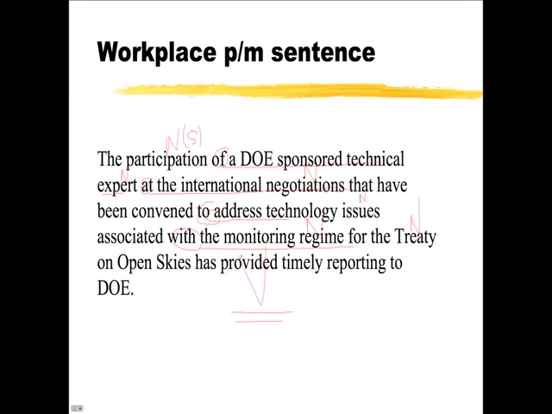Participation has provided. Lots of problems with this sentence. First of all, it basically has a broken head. The subject is up here, participation, and then there's all this stuff, a bag o' nouns. Noun, noun, noun, prepositional phrases before we get to the verb, has provided. So the head is severed in two.